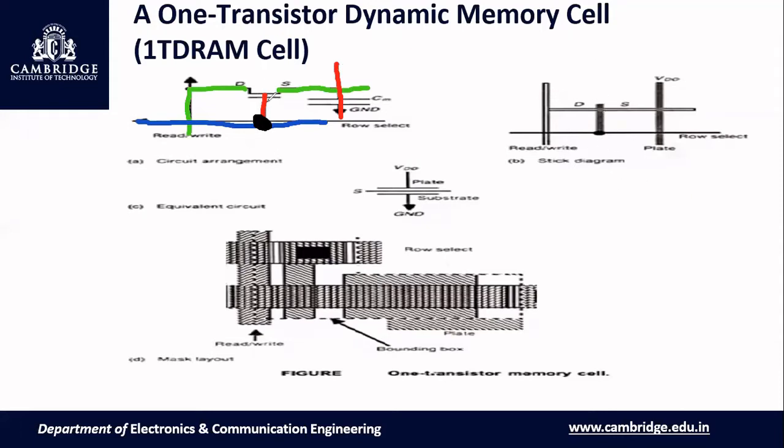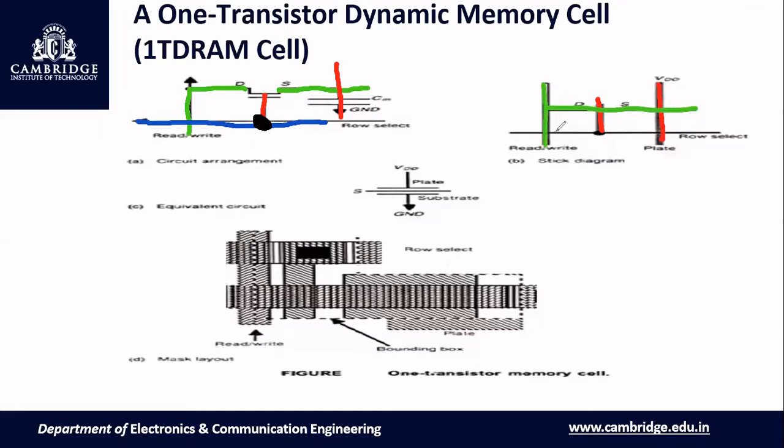Here one transistor is required, so just draw a poly. Poly is drawn. And here one more poly is required. Drain and source are nothing but diffusion, so I'll draw n plus diffusion like this.